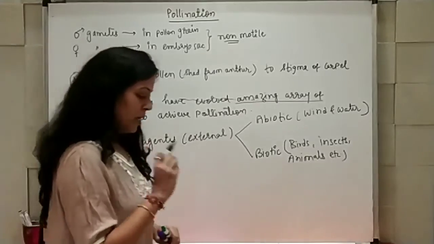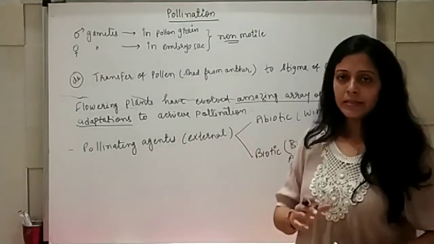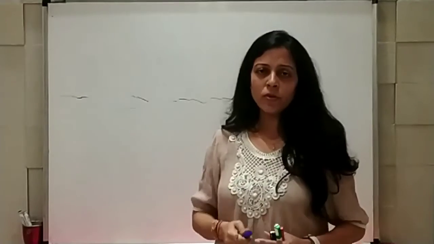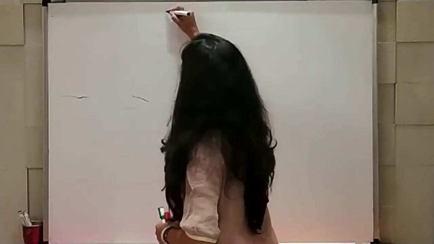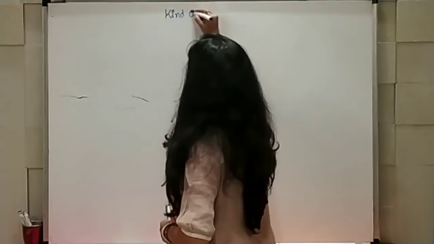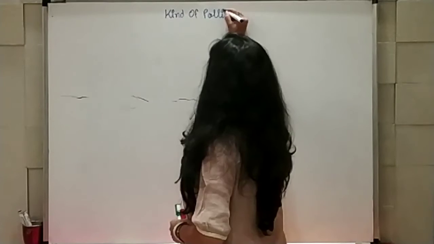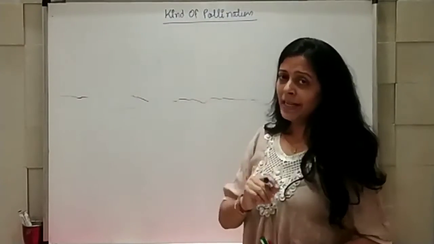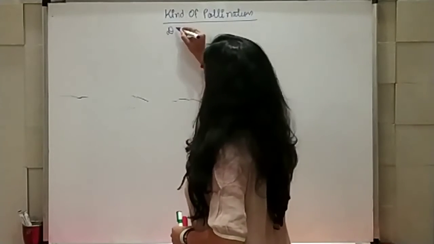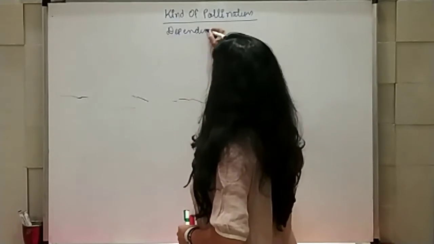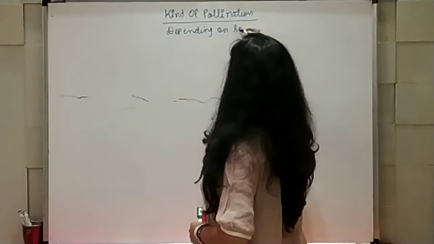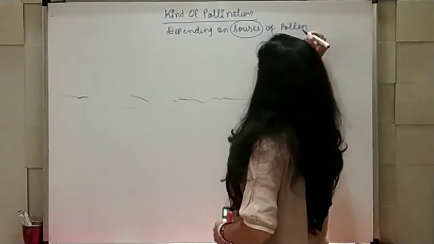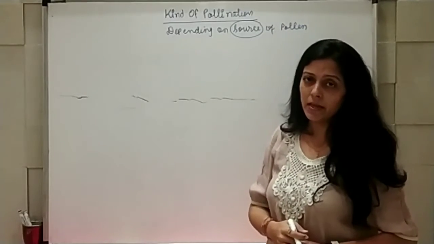Now, this pollination process is mainly of two types that we need to study. So, now we are going to start with the kinds of pollination. Depending on source of pollen, source means where those pollen grains are coming from.